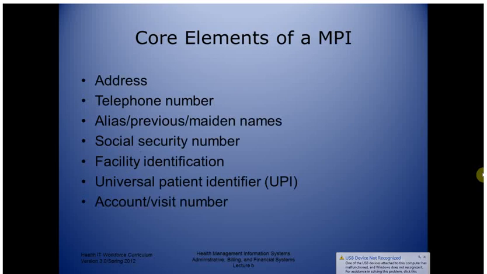Address and telephone number, can those change? If you have a social security number, it shouldn't change, but if somebody steals your identity, they can issue you a new one. Does everybody have a social security number?